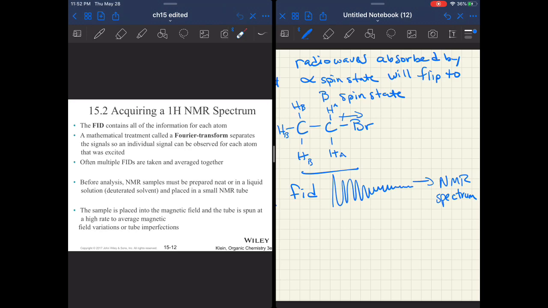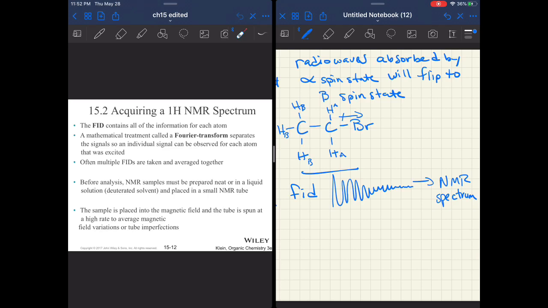An anecdote I usually drop in here when I'm face-to-face is I used to run NMR all the time in graduate school, and a proton NMR on a 500 megahertz instrument took maybe 10 minutes, whereas a carbon NMR could take 12 hours. You just have to take a lot more scans when you don't have as much of the nuclei to study.